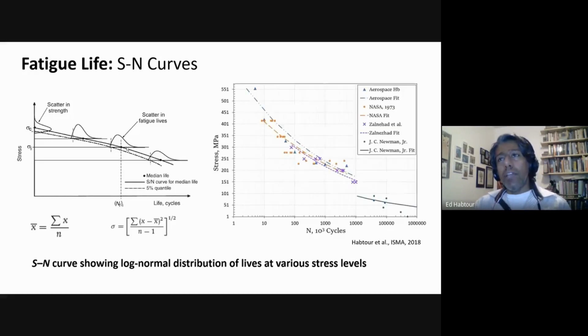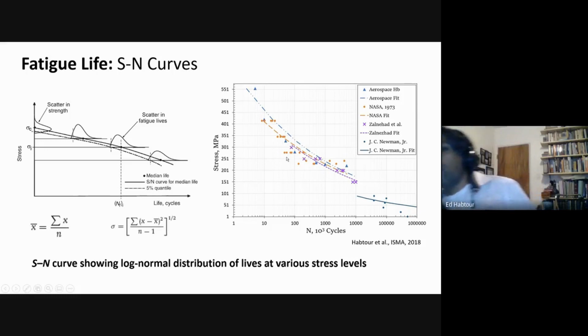So now you have to bring statistics and probability into this process. To give you an example, here is aluminum 7075, a high-grade aerospace aluminum, and you can see the variation is really astonishing.